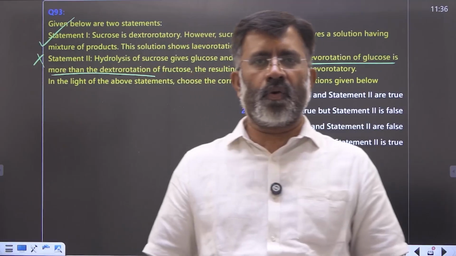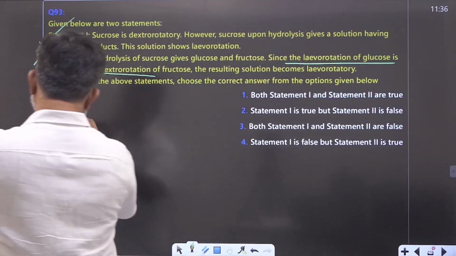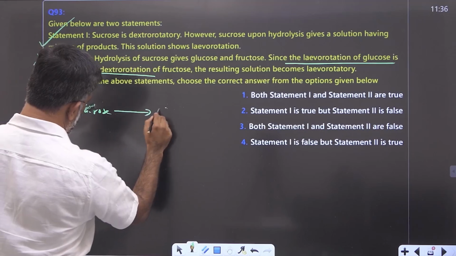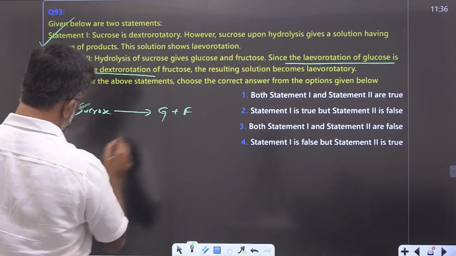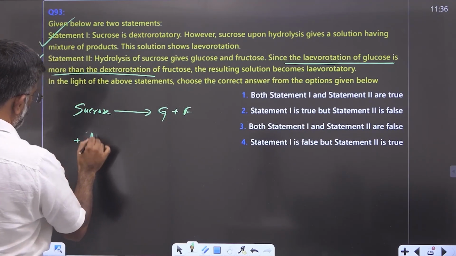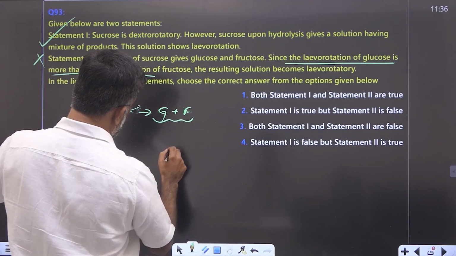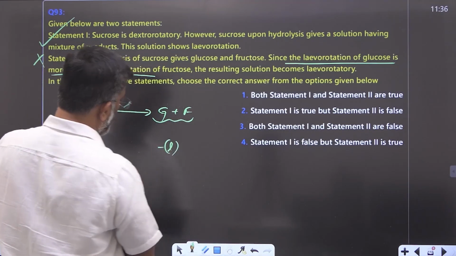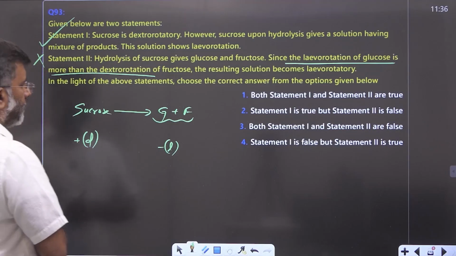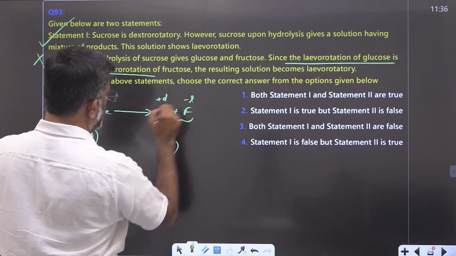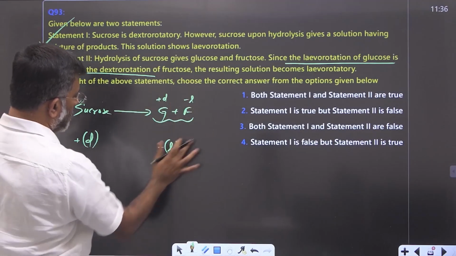Why is it levorotatory? Sucrose upon hydrolysis gives glucose and fructose. This is dextrose, while the obtained product is levulose. Then how come the mixture is levulose?